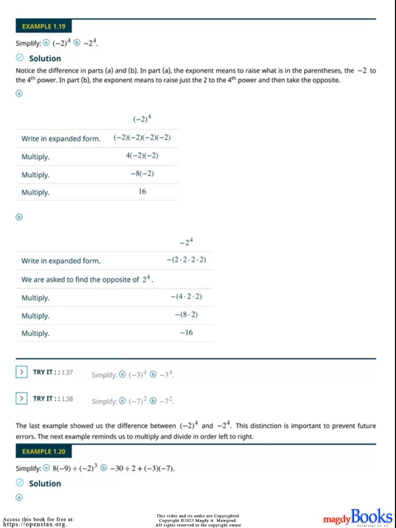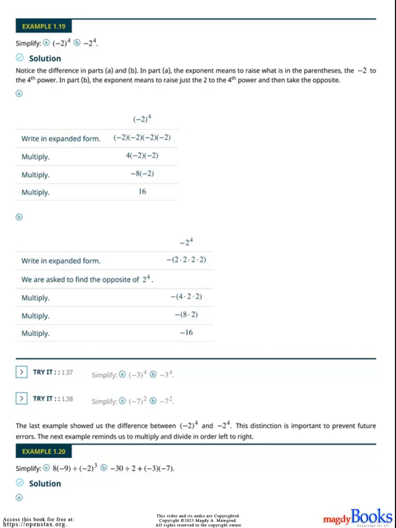A. Negative 2 in parentheses, to the fourth power. Write in expanded form: negative 2 multiplied by negative 2 multiplied by negative 2 multiplied by negative 2.